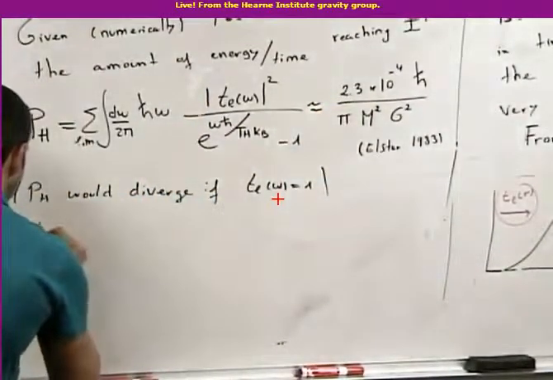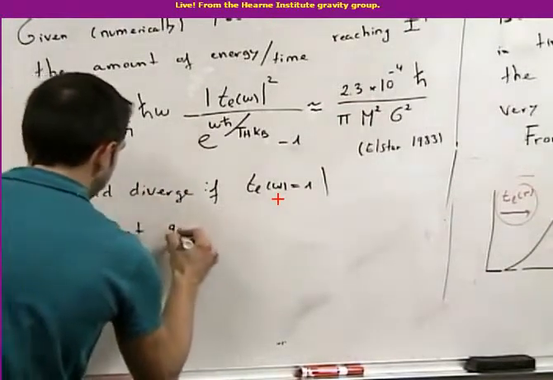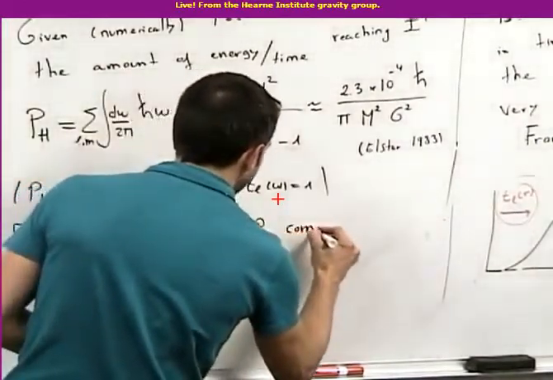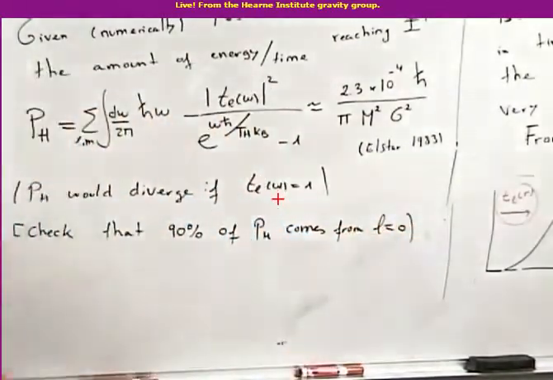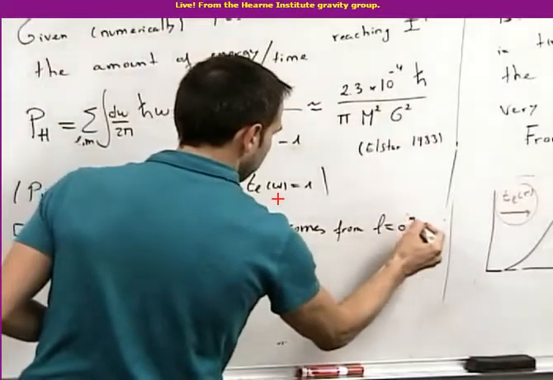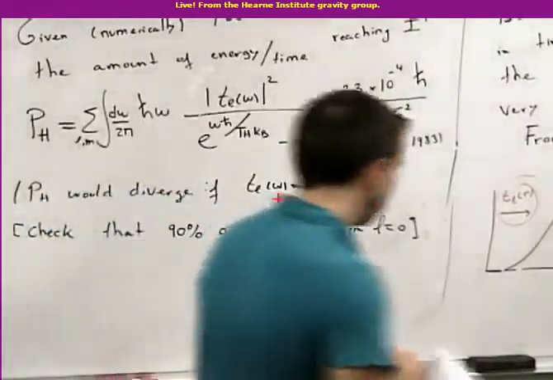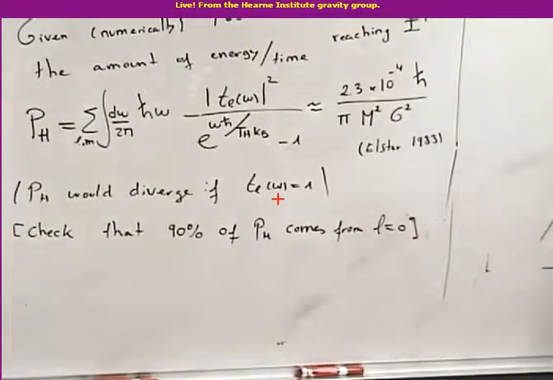So people have checked in the same analysis that 90% of the energy of P comes from the L equals 0 mode. So this is why neglecting the potential is kind of a good approximation, because most of the energy comes from L equals 0. So this is what happens if you include the potential.